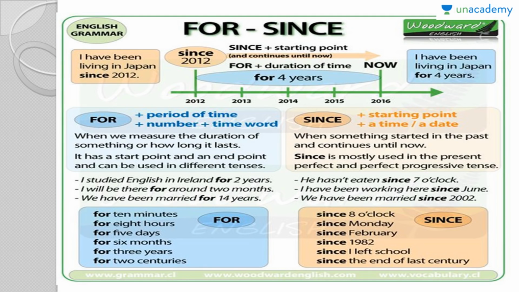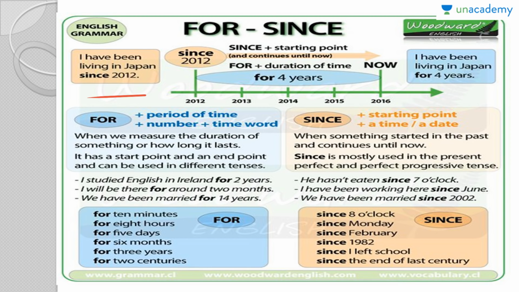So let's see this picture which talks about the different use of for and since. Here is the time, this is the range. When we use since, we talk about this range, and this range will be very clear. So I have been living in Japan since 2012.